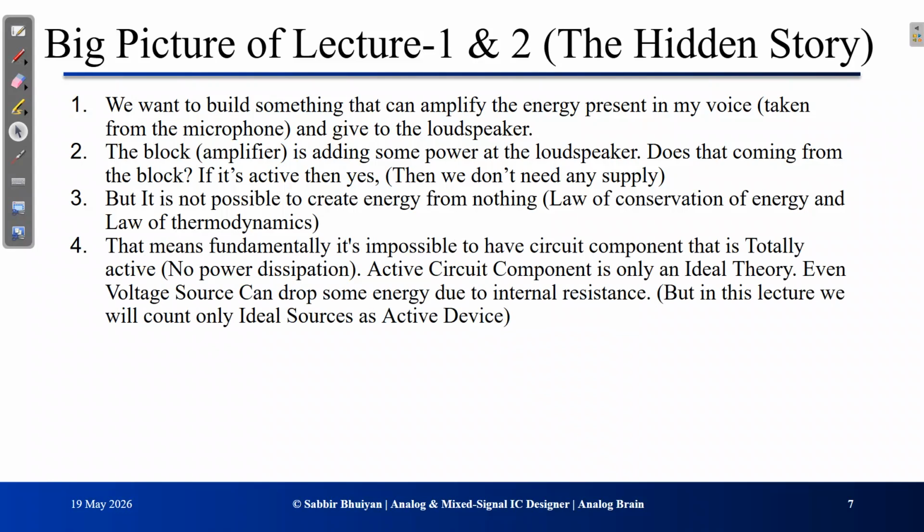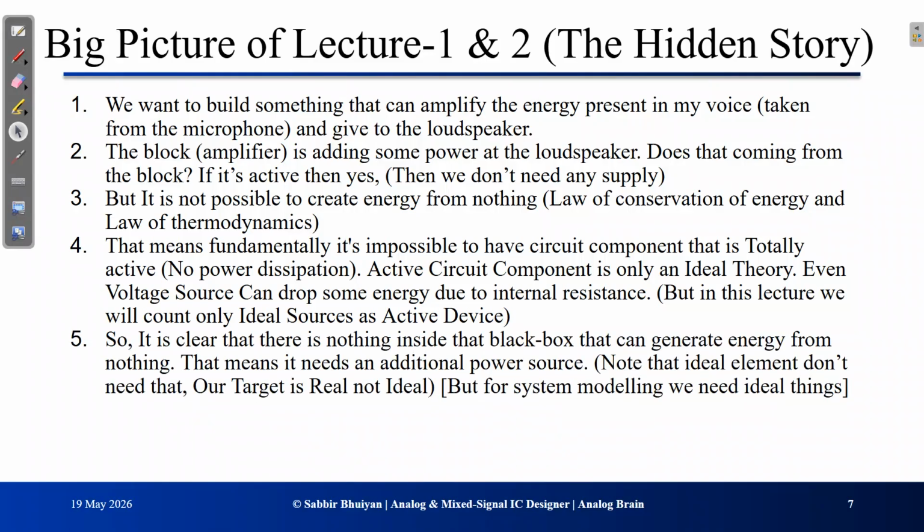That means fundamentally it's impossible to have a circuit component that is totally active, with no power dissipation. An active circuit component is only an ideal theory. Even a voltage source can drop some energy due to internal resistance. But in this lecture, we will count only ideal sources as active devices. So our active devices are the sources.